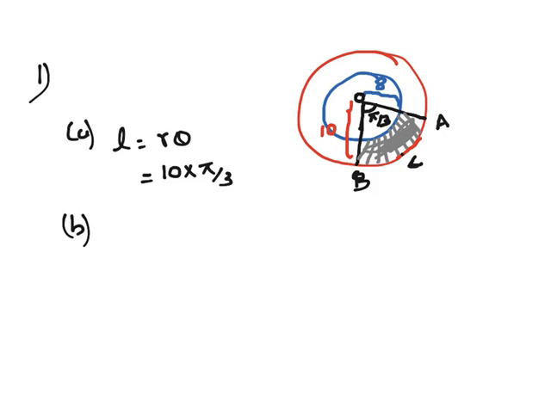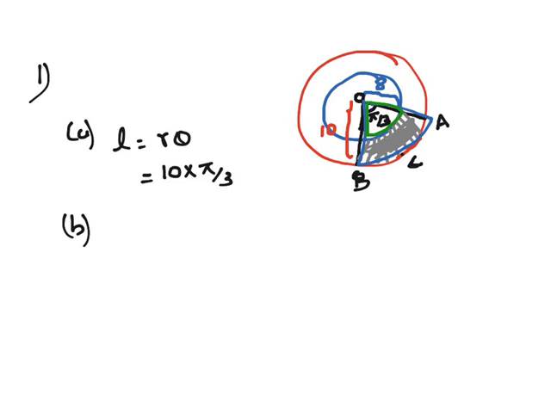Now it is very easy to find out. Note that this particular part, the region which is shaded in gray, you can easily find that area by finding the area of the larger sector. That means find the area of this sector, and then you find the area of the smaller sector, and then subtract. Right?